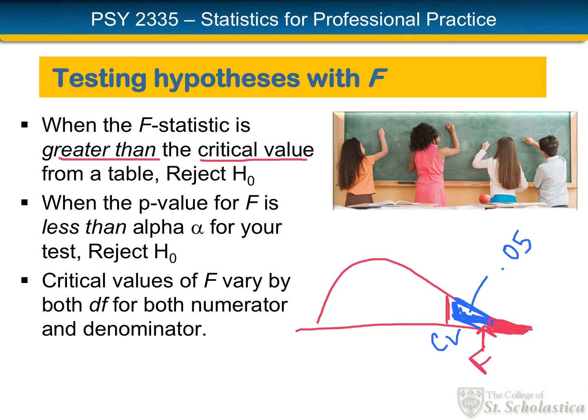So whenever my calculated F is above a critical value, the p-value, the part of the curve that's beyond my calculated F, will always be less than 0.05.